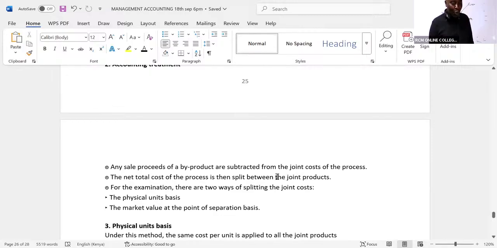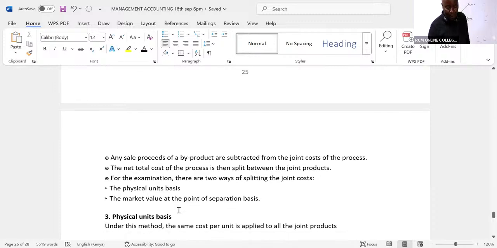Number two, we have what we call market value basis at the point of separation. However, I will still teach you another third method known as net realizable value. But if you look at your past papers, normally they want you to split the joint costs using physical units or market values. We start with the first one, which is the physical units basis.